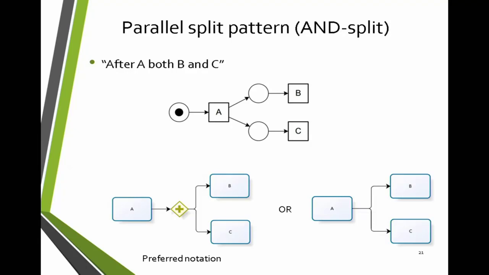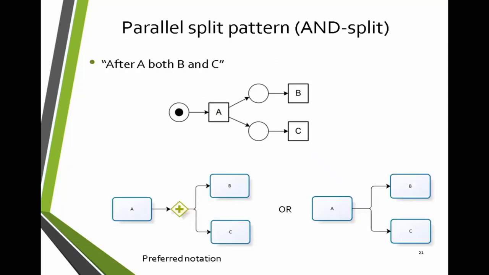Block-structuredness is something I will come back to later, but by dropping this gateway, you might turn your model into a more difficult to understand model. So I always prefer you to use the gateway, although this is entirely acceptable from a BPMN standard perspective. But try to always use the gateways, even if you don't need to.